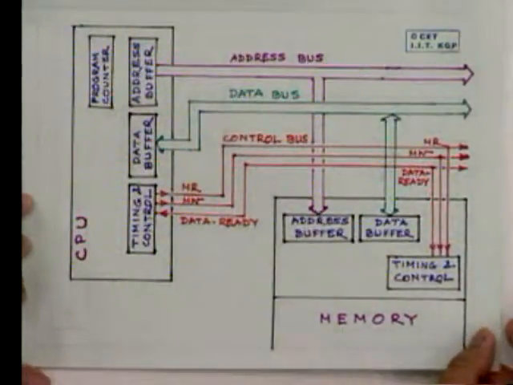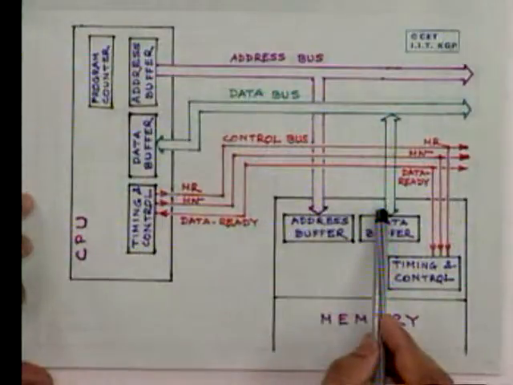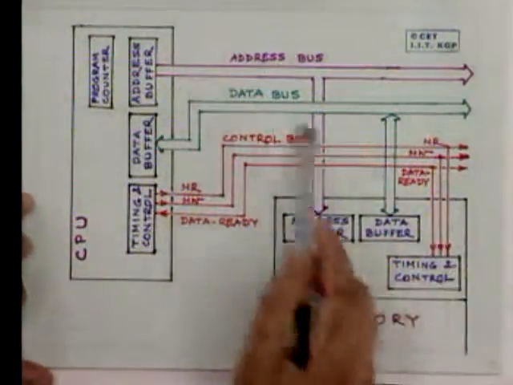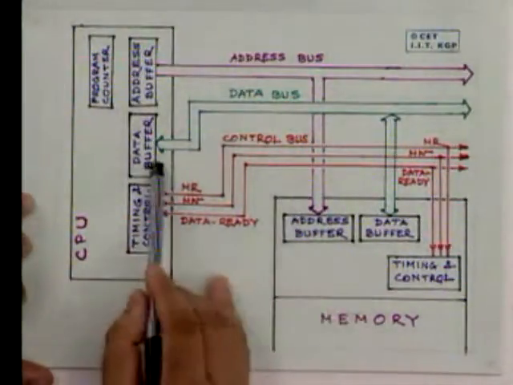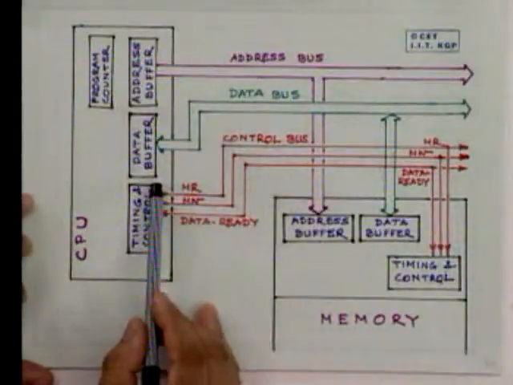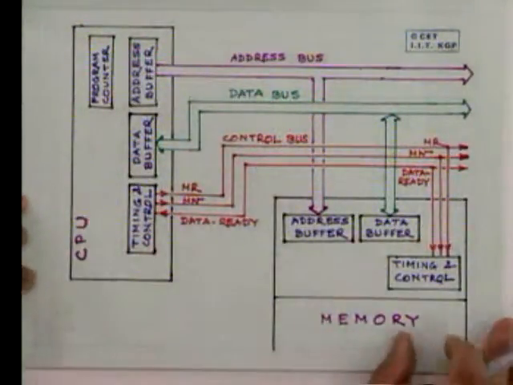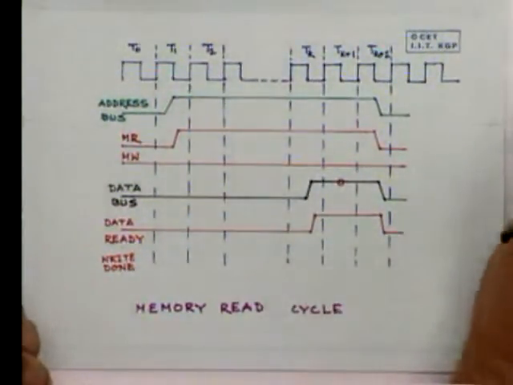Now naturally, since a protocol is involved between these two, the signals have to be activated properly in time sequences so that the job of transferring data either from CPU to memory or from memory to CPU can be carried out. I'm showing here a simple protocol of signals which can be used for this purpose.